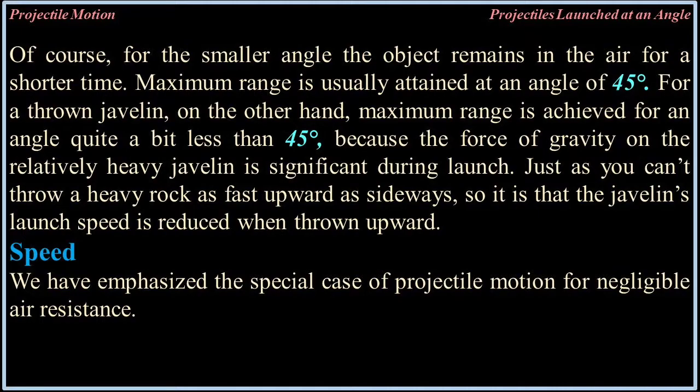Maximum range is usually attained at an angle of 45 degrees. For a thrown javelin, on the other hand, maximum range is achieved for an angle quite a bit less than 45 degrees because the force of gravity on the relatively light javelin is significant during launch, just as you can't throw a heavy rock as fast upward as sideways.